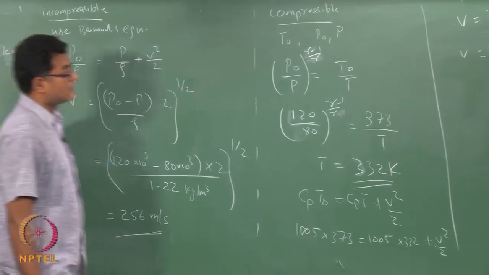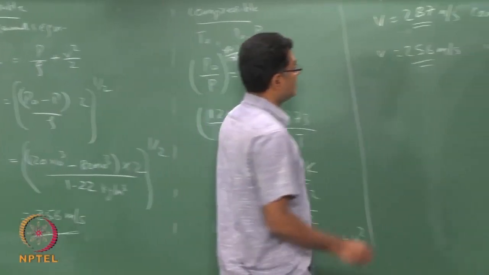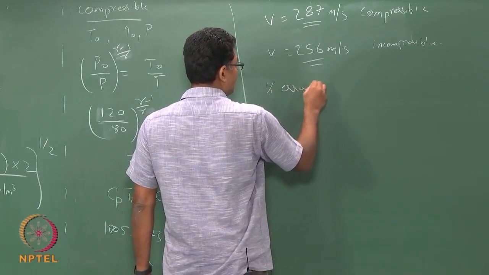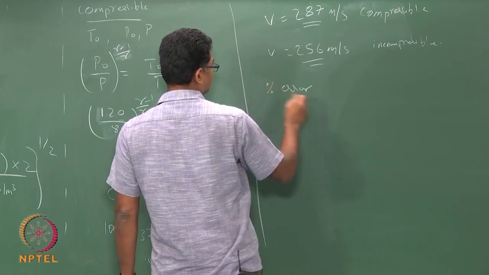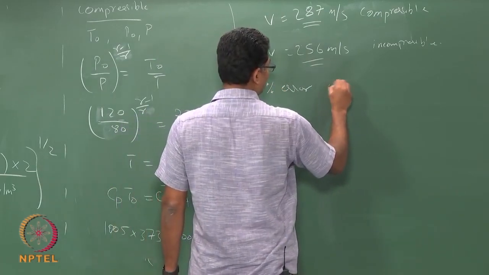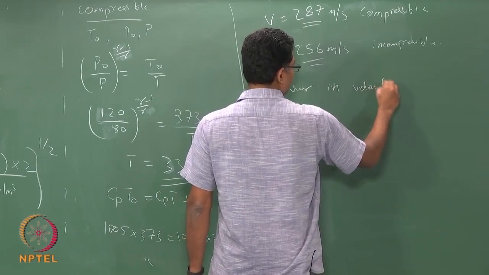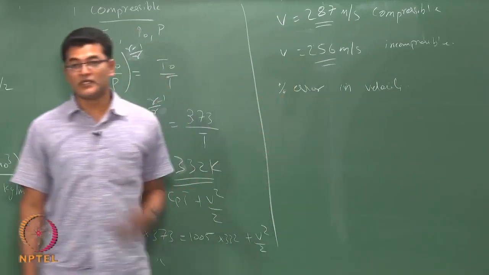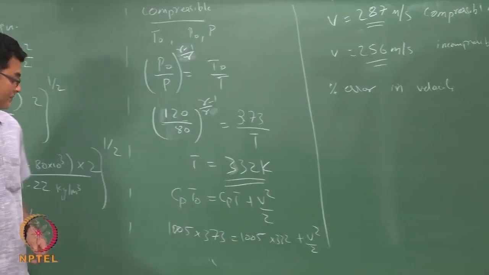So, that is the error. So, you can actually find the percentage error in velocity if you had assumed the wrong behavior.